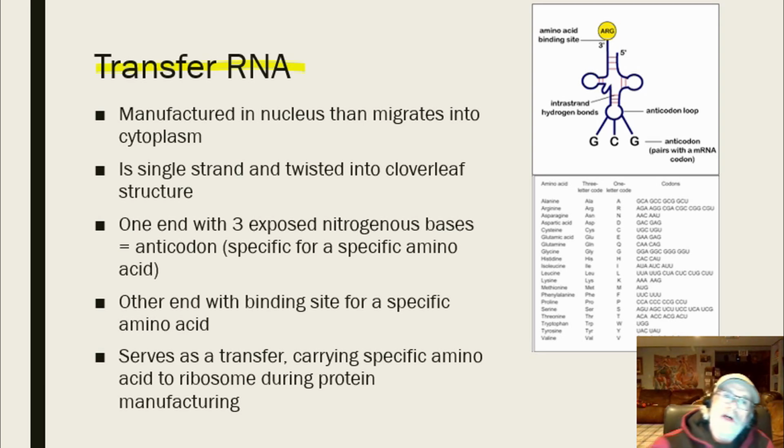So this transfer RNA, which is manufactured in the nucleus and then migrates into the cytoplasm, is basically a single strand. Now, where I looked at my messenger RNA is basically a strand. My ribosomal RNA is more nodular.